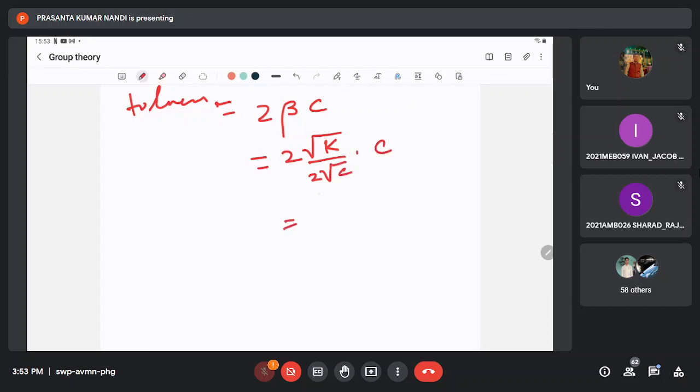So the expression appears to be K. Yes, 2 cancels out, square root of C. This is the expression of the monomer concentration of benzoic acid.